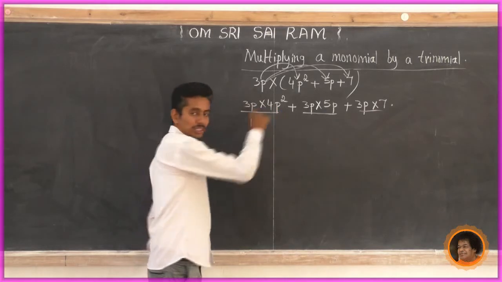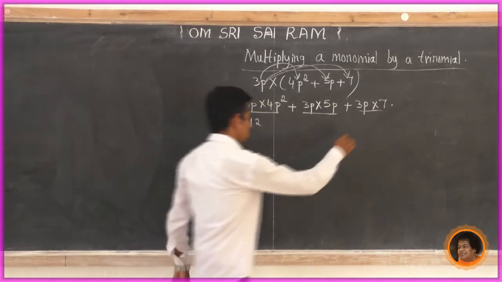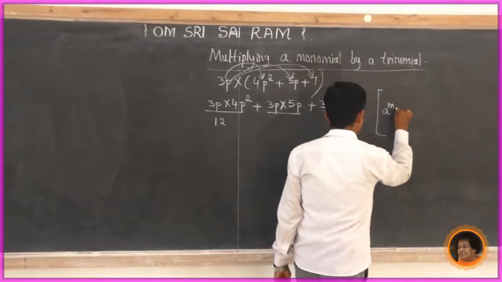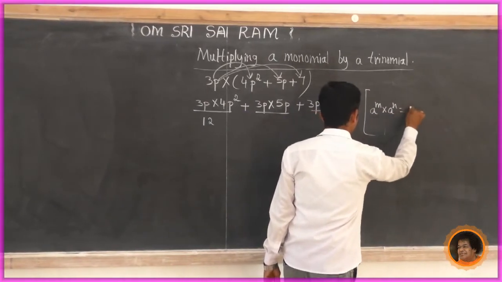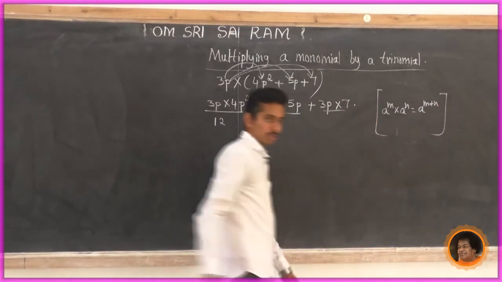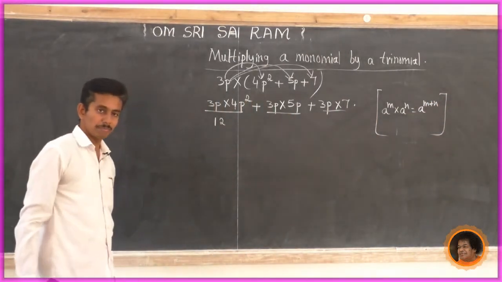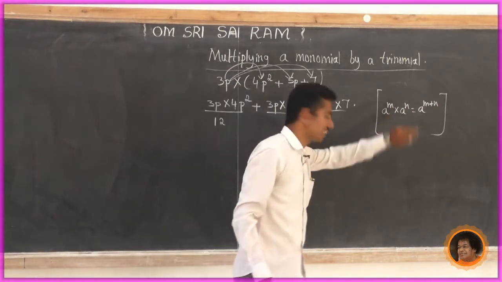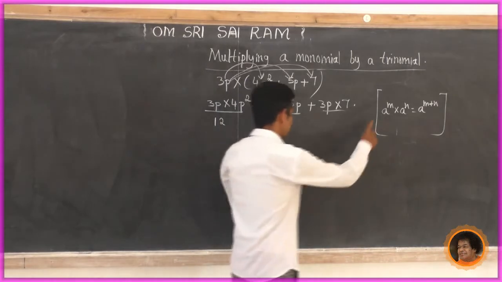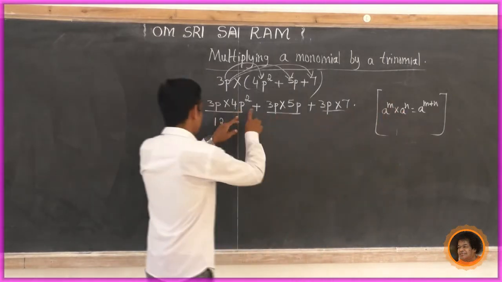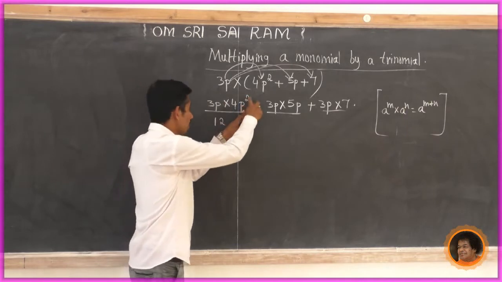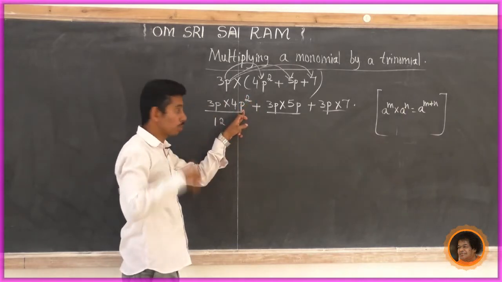Now p into p squared. We know one rule: a to the power m into a to the power n equals a to the power m plus n. This is very important. What does it indicate? Here it is p to the power 1 and p squared, p to the power 2.